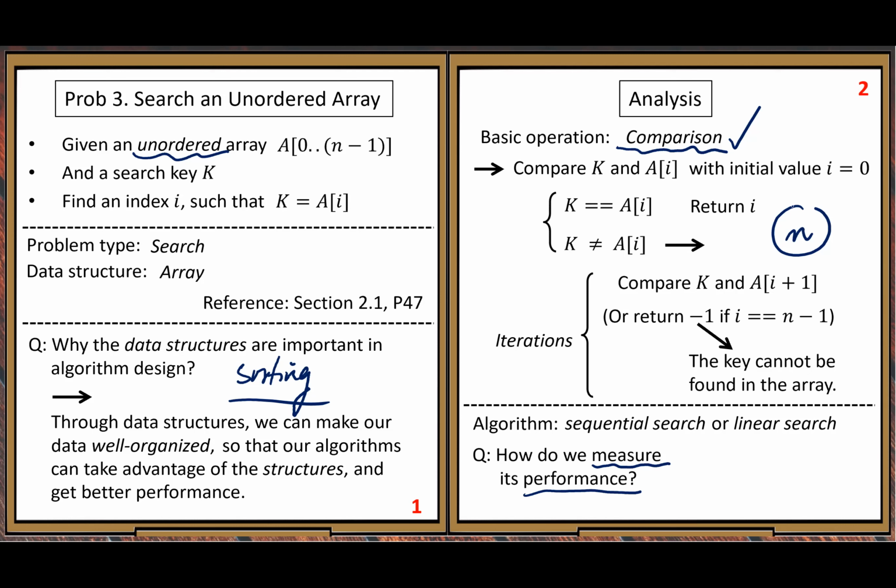But if we look at the comparisons, that range may not have any impact, right? If the range is between 0 to 100 or 0 to 1,000, is there any difference? You still need to do the same number of comparisons, right? Think about that.